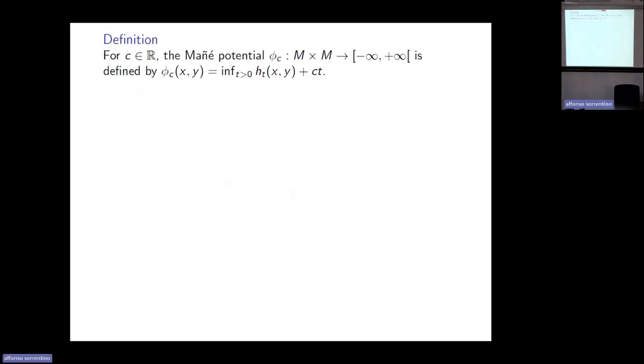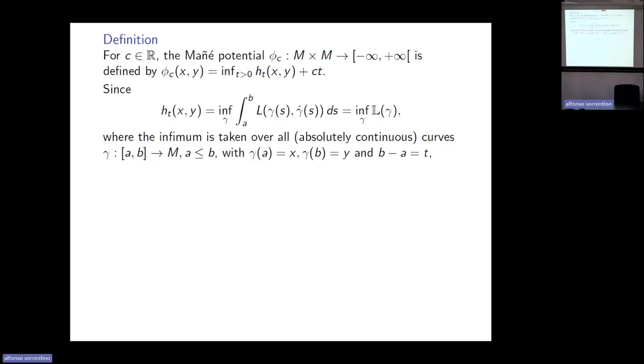So, the Mañé potential. For each number c in R, we can define the Mañé potential phi_c, defined as the infimum over t positive of h_t(x,y) plus ct. It can be finite or infinite.